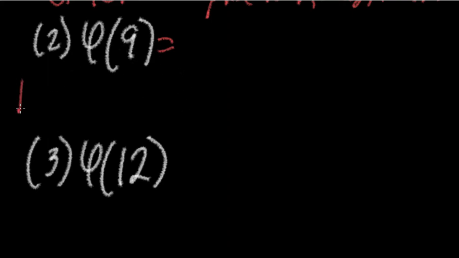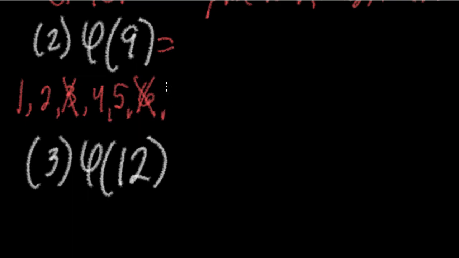So let's list it. 1 is a yes because it's relatively prime. 2 is a yes. 3 is not because they have a common factor, which is 3. 4 is a yes. 5 is a yes. 6 is not because they have a common factor, which is 3. 7 is a yes. 8 is a yes. 9 is a no, because its common factor is itself. So we have 1, 2, 4, 5, 7, and 8, therefore the phi function is 6. I think that's clear enough.